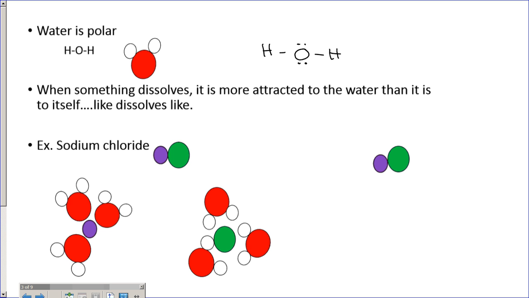The electron density shift is away from the hydrogen and towards the oxygen. Because oxygen has a bigger nucleus, it's more attracted to any electrons that are in its vicinity. That is what we call electron affinity. So if you remember your periodic trends, oxygen has a higher electron affinity than hydrogen, and that makes this a polar molecule.